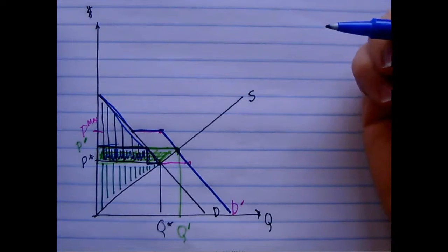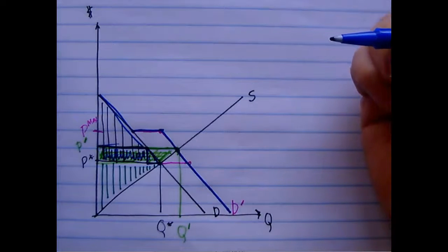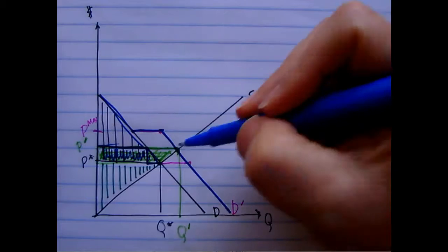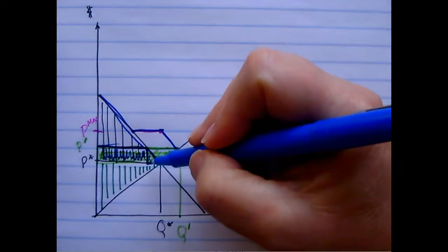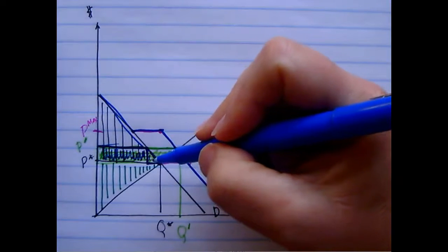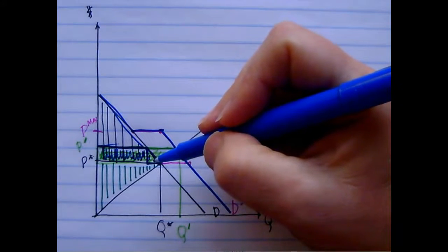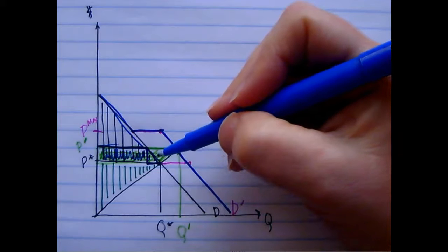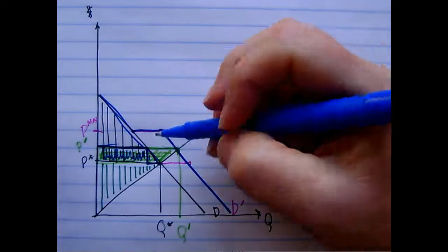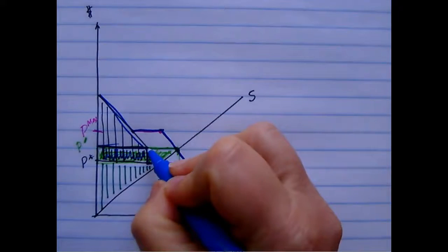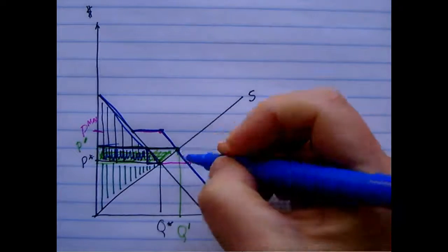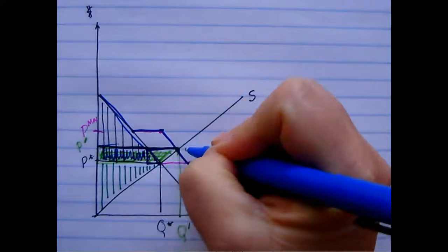Now, that area is being purchased by the government, and so the government is basically transferring that surplus area to the producers. So it's getting taken away from the consumers. The producers are getting it, and it's coming to them from the government now. So it used to come from the consumers, now it's coming from the government, right? Because essentially the government is paying for this many units.